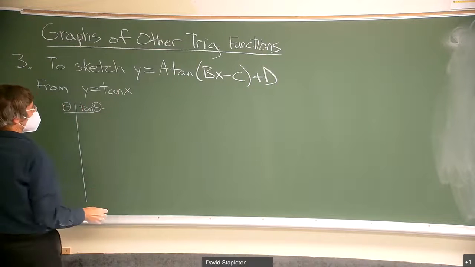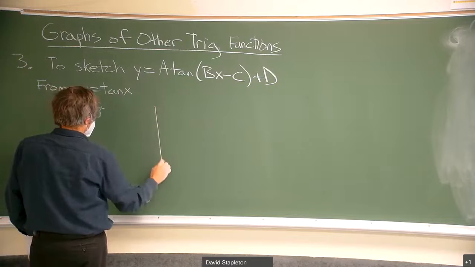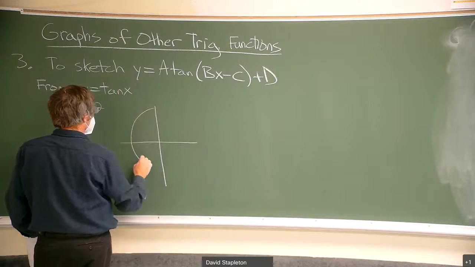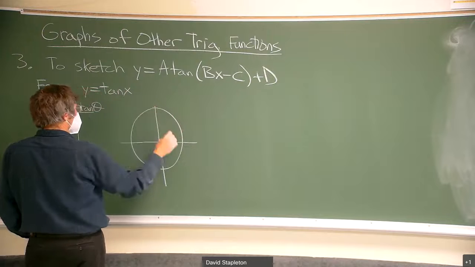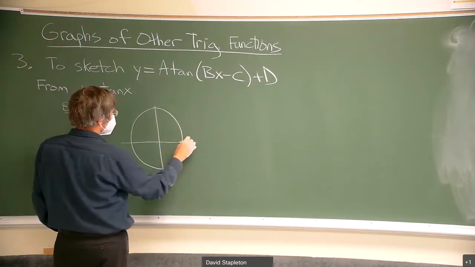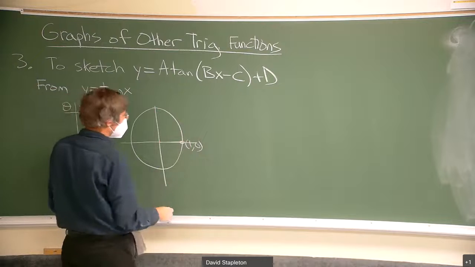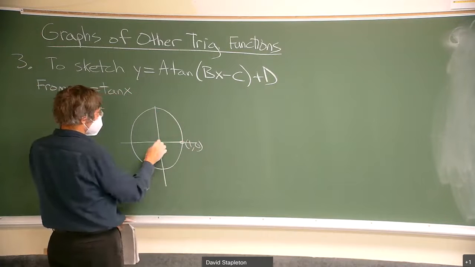And I can do that on the unit circle just like I did with sine and cosine, except I'm going to do it a little faster because we're very familiar with doing this from sine and cosine, right? The angle at 0 radians goes through the point 1, 0.